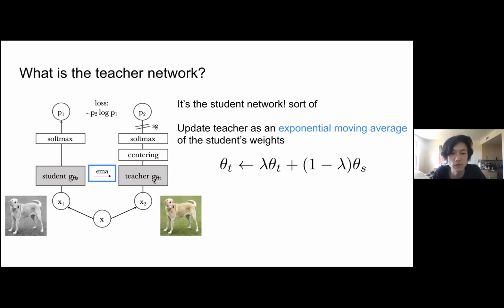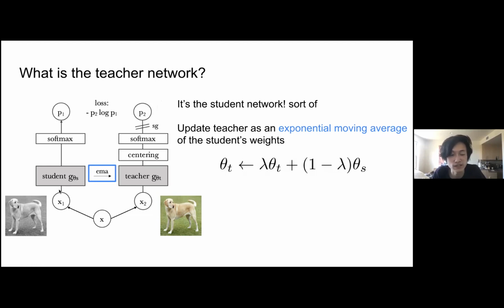Initially this teacher network just outputs garbage, essentially. The student network tries to match the garbage embedding output. But the key thing is that that garbage came from this image of a dog.